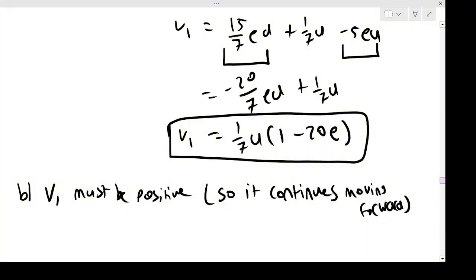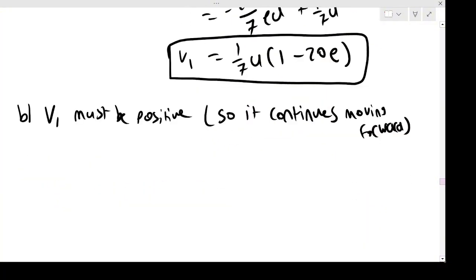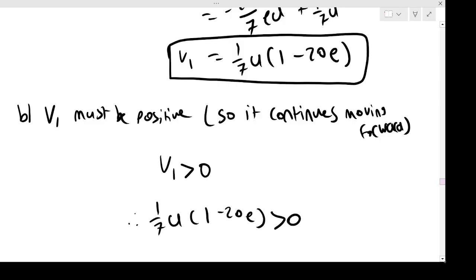I'm getting it mixed up. Sorry. So if V1 must be positive, that just means V1 has to be greater than 0, right? And so if we sub in our expression for V1, that's going to be a 7th u of 1 minus 20e has to be greater than 0. Hopefully happy with that. I'm just substituting that expression in, which we found here, right?